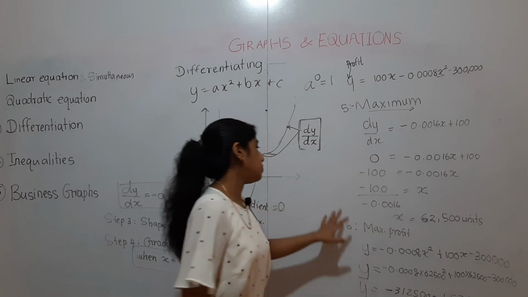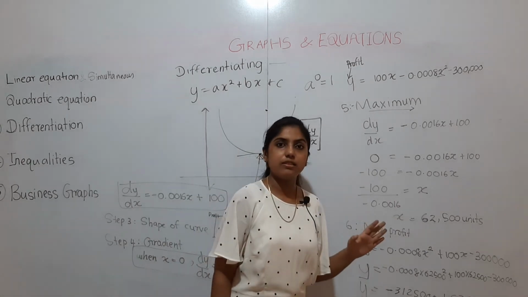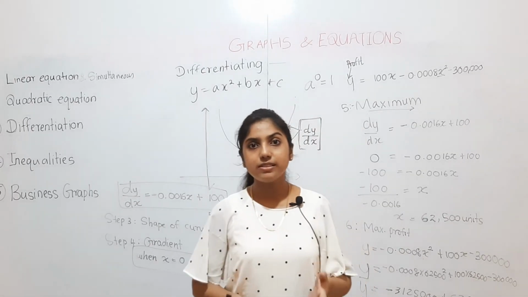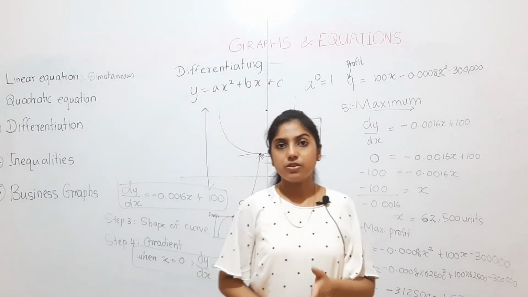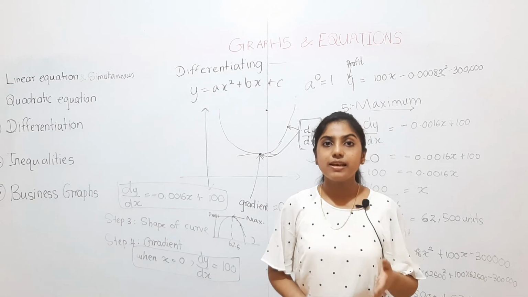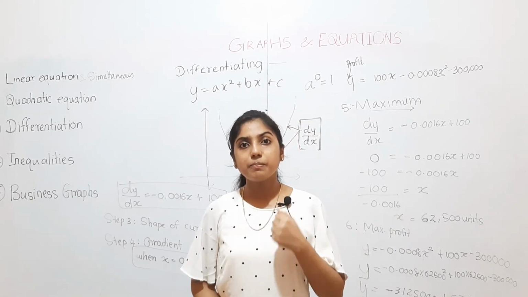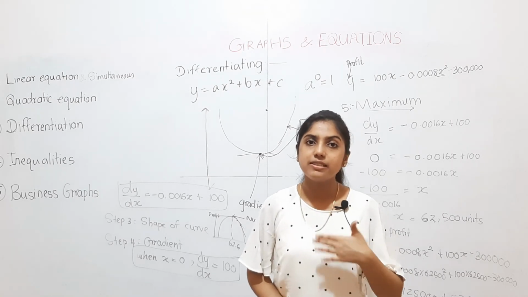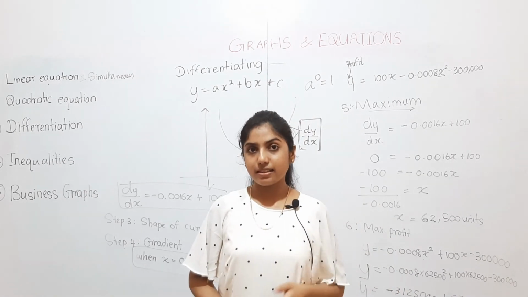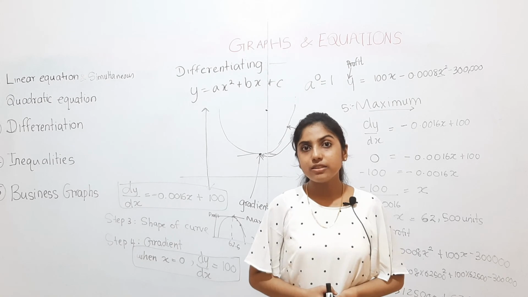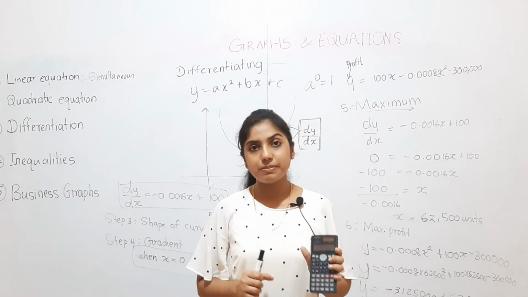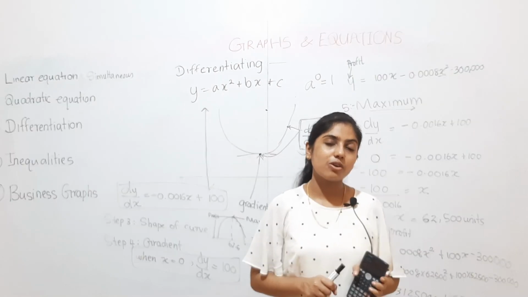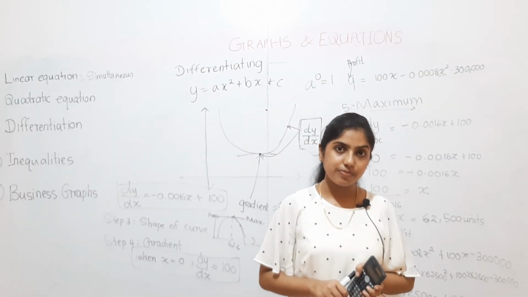This is how you will definitely be tested in your exam. So please make sure to follow these steps to find your maximum profit values and the maximum point at which you could maximize your profit, or maximize the value on the y-axis. To do that, at the maximum point, remember the differentiated gradient is always equal to 0.